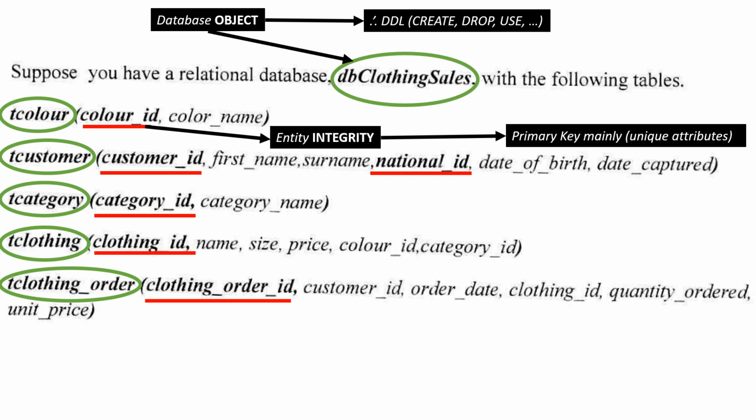The moment we choose to say we want to use customer ID as our primary key, then national ID becomes an alternate key. If we choose national ID as a primary key, then customer ID becomes our alternate key.